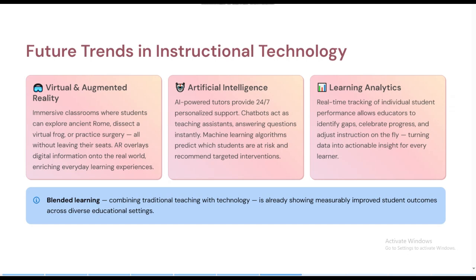We also have blended learning, which combines the traditional teaching method, which is face-to-face, and the online, which is the technology. And all these future projections, which we are in now, are already improving students' outcomes. I've seen how it has improved student outcomes across diverse educational contexts.